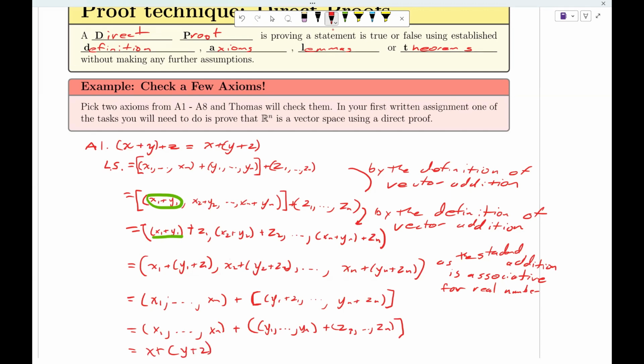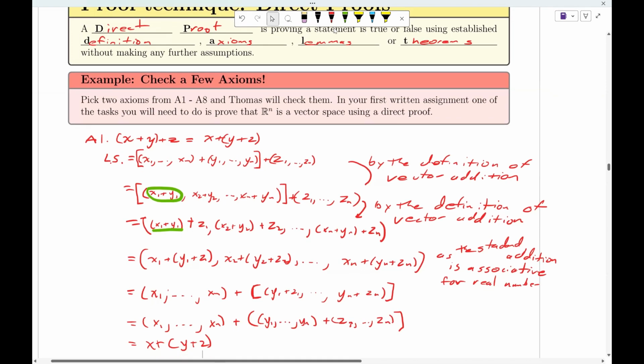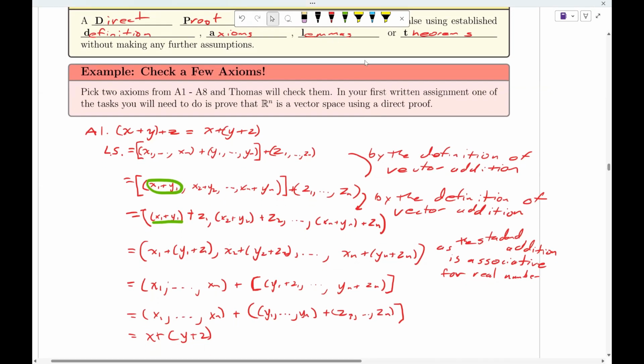And now we've proven it's associative. Now you can go all the way from left side all the way to right side, or you could get about here, and then you could do this as your right side and work your way down and get to here, and then link these two using the associativity of the field. And proving these different vector spaces we have are vector spaces, typically, that's what it's going to go down to: getting to a point where using the field axioms, we can prove the space is in fact a vector space.